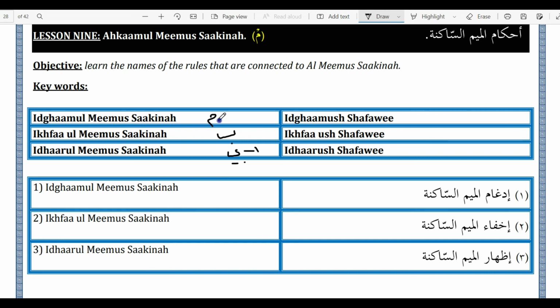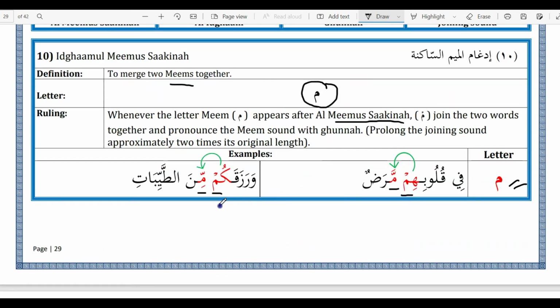Idghamul Meemus Saakinah is to join two words together and pronounce the meem sound with ghunna whenever meem comes after Meemus Saakinah. We join the two words together and pronounce this joining sound approximately two times its original length. As the example says, وَرَزَقَكُم مِّنَ الطَّيِّبَاتِ.